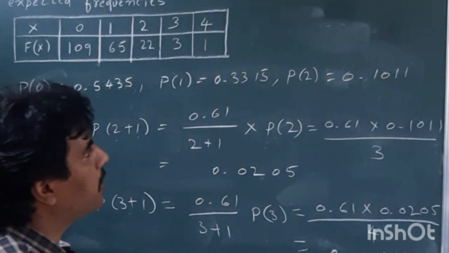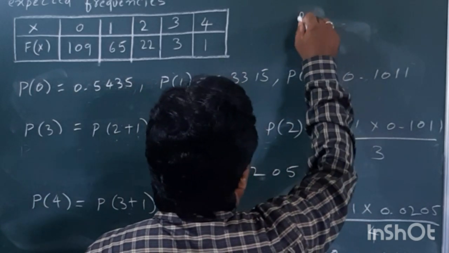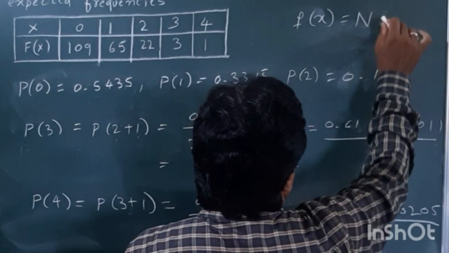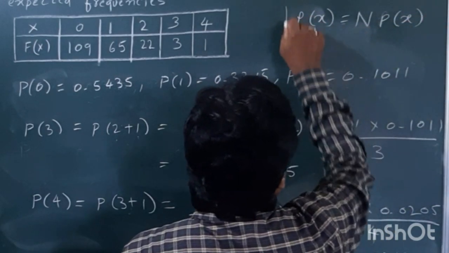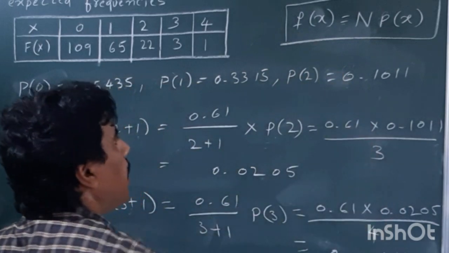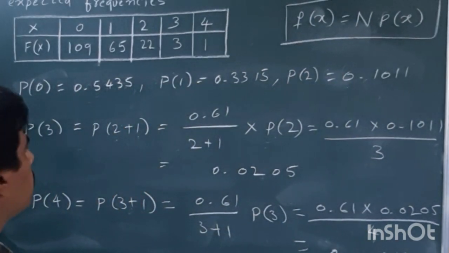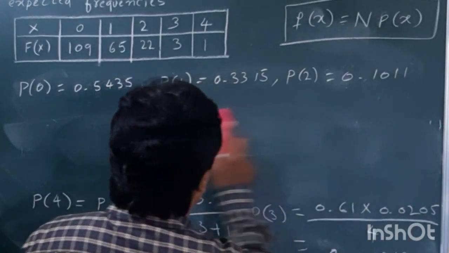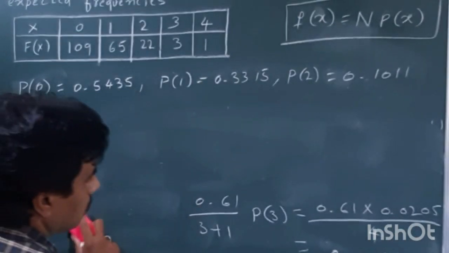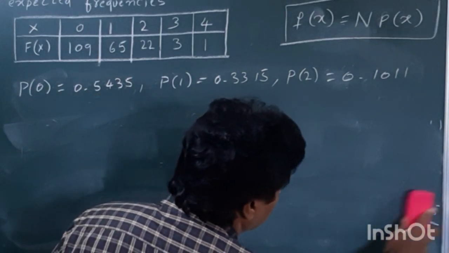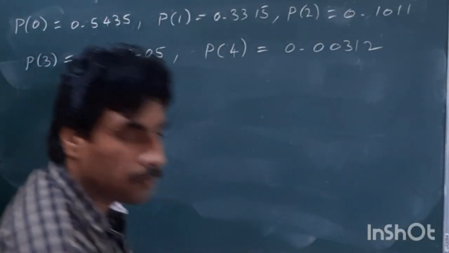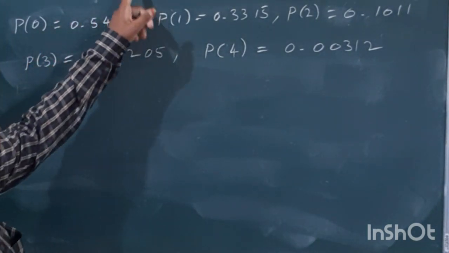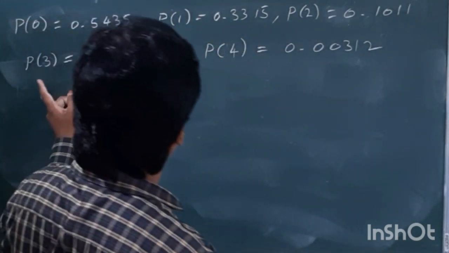Now we have to find out expected frequencies. Expected frequencies are given by the formula f of x is equal to n into p of x. These are all the probabilities for x is equal to 0, 1, 2, 3, 4.